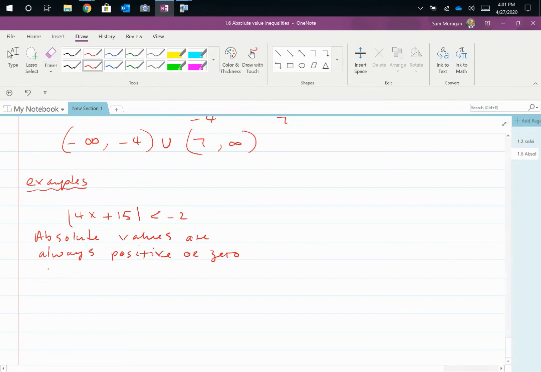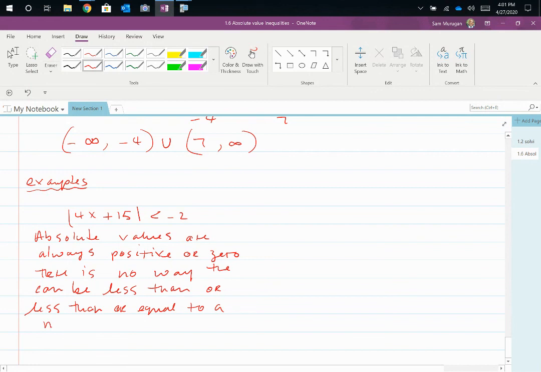So there is no way they can be less than or equal to a negative number.